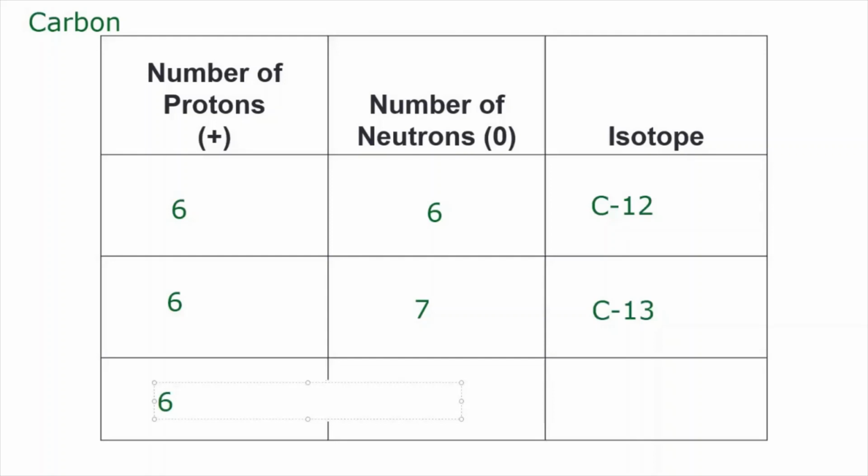And then the next one has 8, and that is called carbon 14. Now, carbon 12 and carbon 13 are stable isotopes, so those don't decay. But you probably are very familiar with carbon 14.